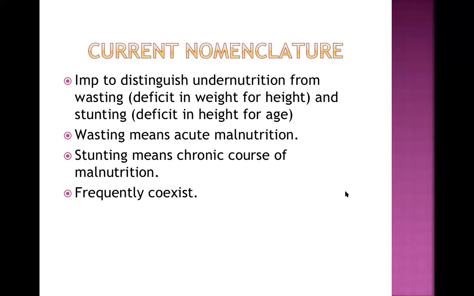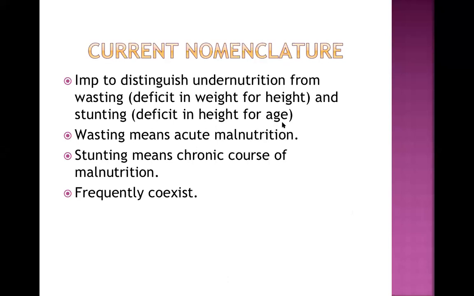Very, very important these days. So wasting means deficit in weight for height. And stunting means deficit in height for age. So it simply considers height only for the age. Stunting means appearing shorter than another person of the same age.